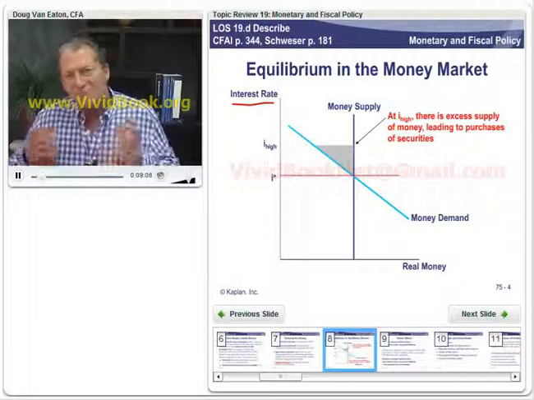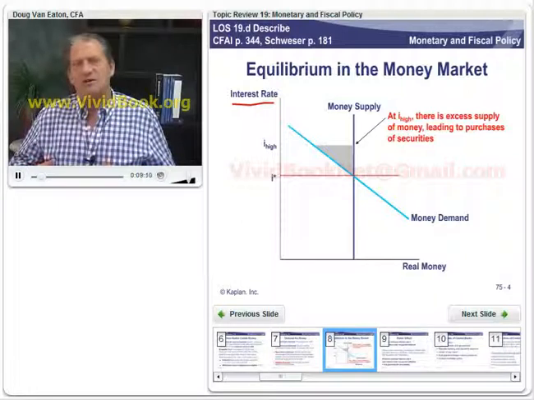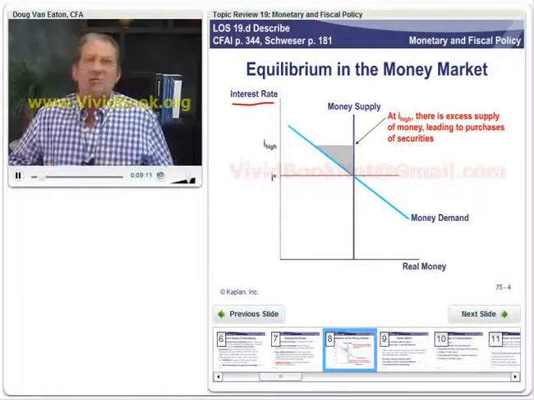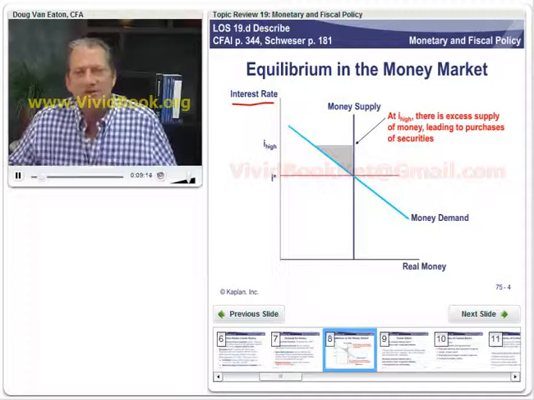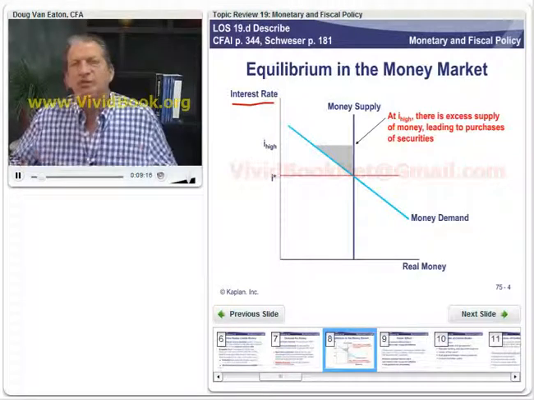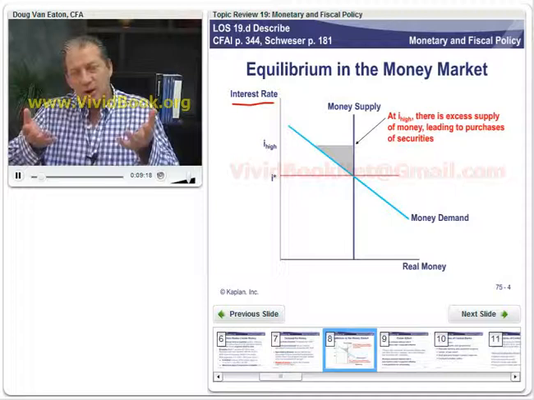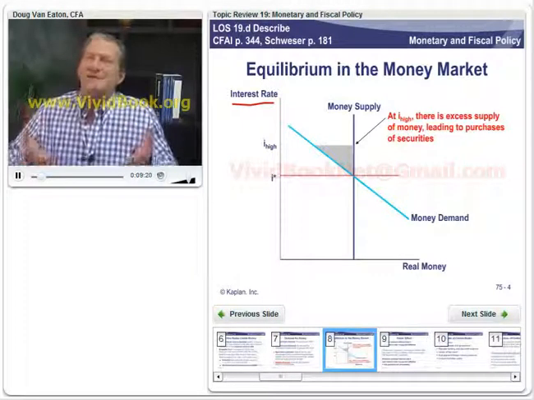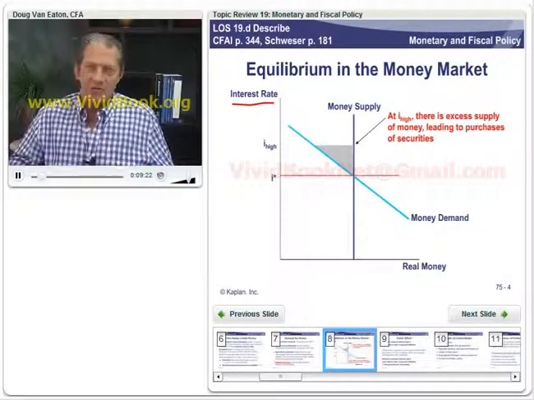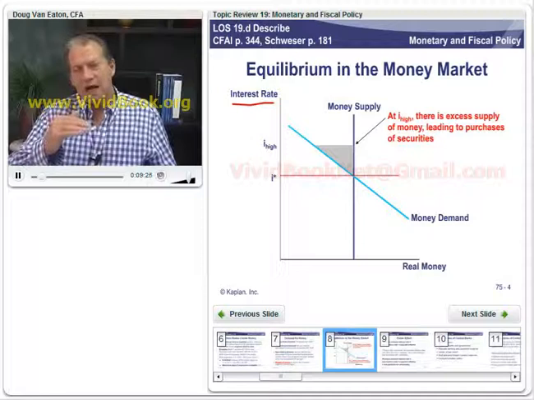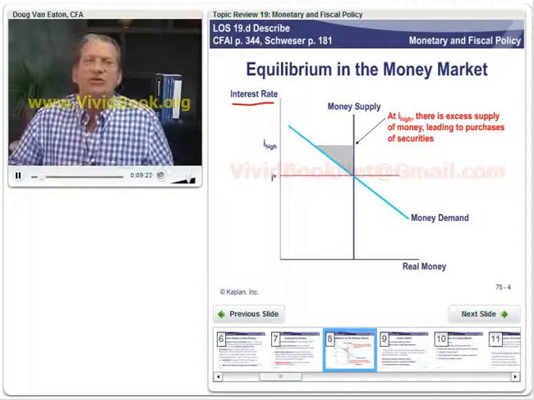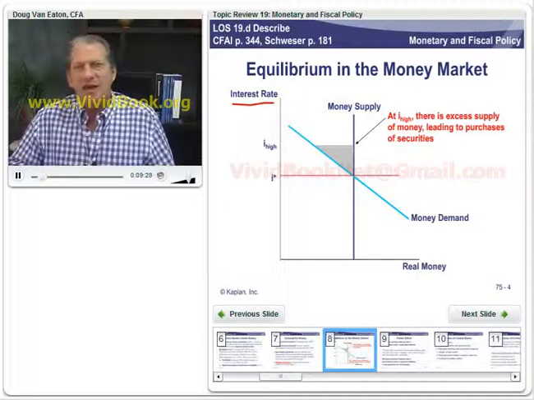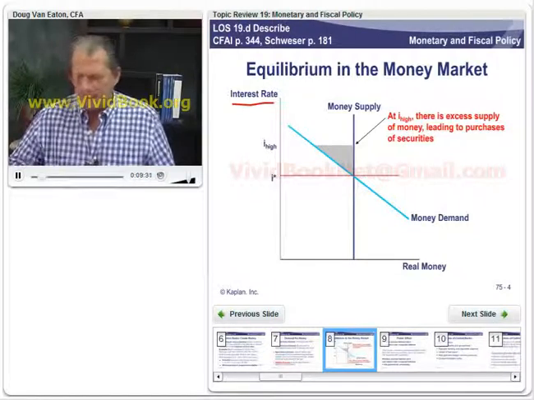As they buy interest-bearing securities, trying to not hold as much money because of the high interest rate, this drives the prices of those securities up, and that drives interest rates down, right? Bond prices higher, interest yield lower. And so that's how we get to equilibrium here.